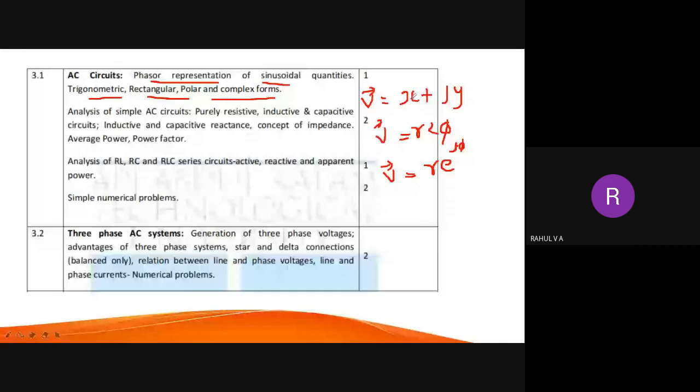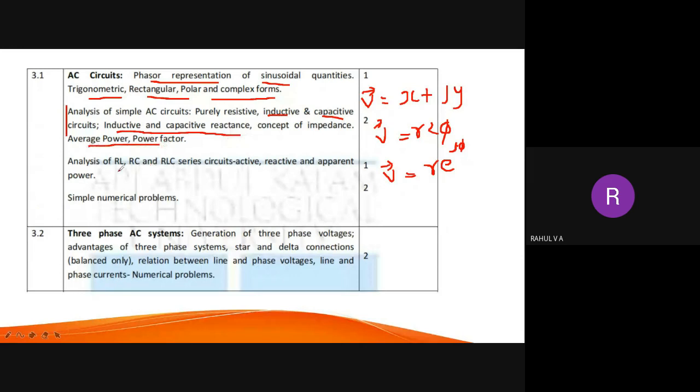The next portion of the module is the analysis of simple AC circuits: purely resistive, purely inductive, purely capacitive. In that same topic, we are going to learn about inductive and capacitive reactance, the concept of impedance, and average power.